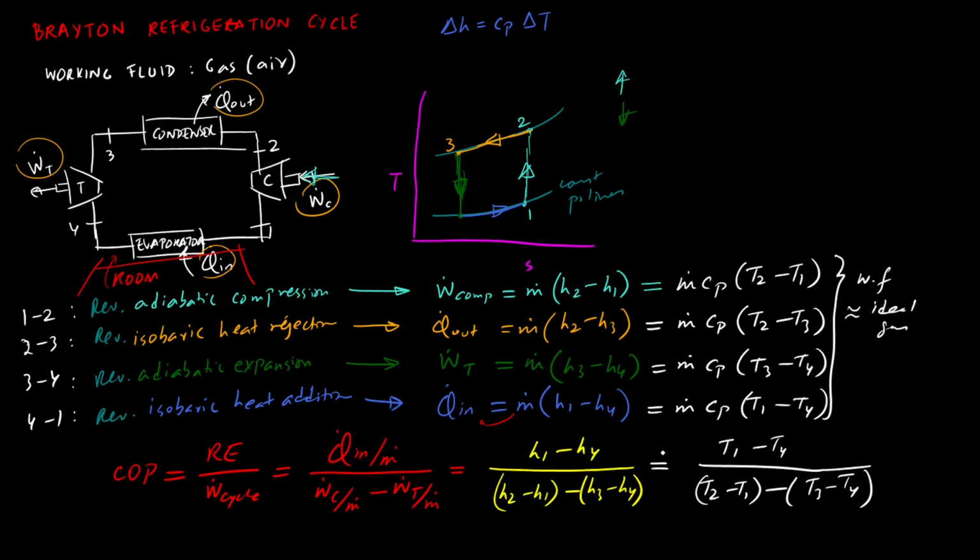Okay. So now we've looked at the ideal Brayton refrigeration cycle, but what if we wanted to look at the actual Brayton refrigeration cycle? In that case, we would need to introduce the irreversibilities in here, and what kind of irreversibilities could occur.